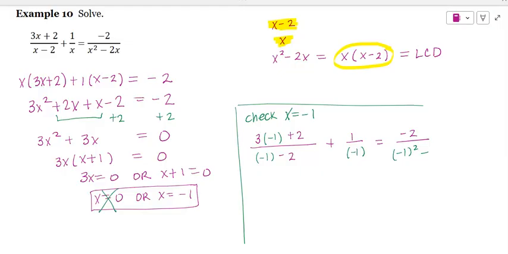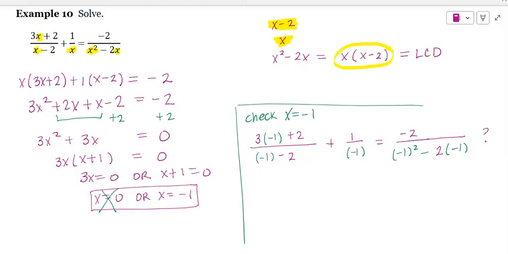I'm putting it in parentheses to remind myself to square that. All right, let's double check before we simplify this to make sure that everything is plugged in properly. Everywhere that we had an x in the original, we want to have a negative 1 plugged in. So 3x plus 2, x minus 2, 1 over negative 2. Okay, this looks good.